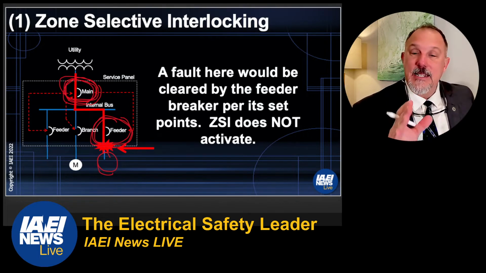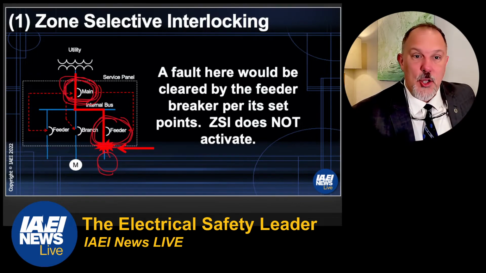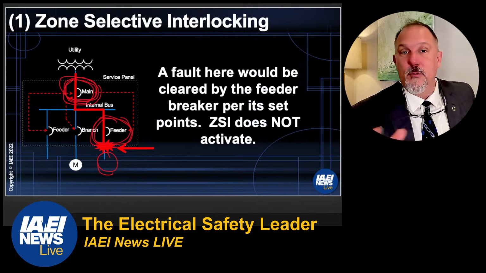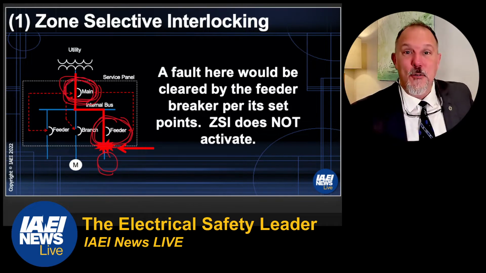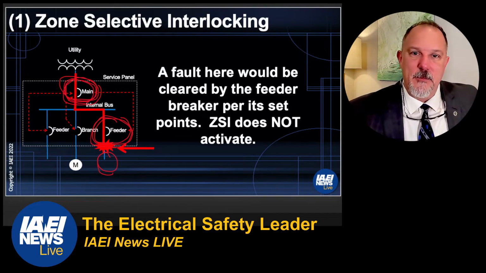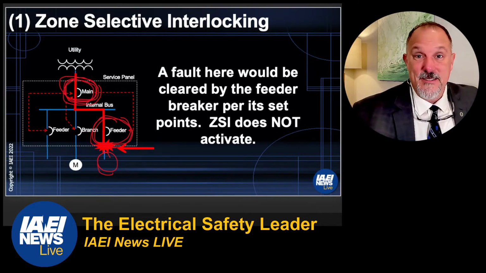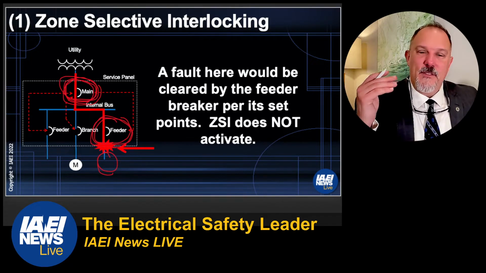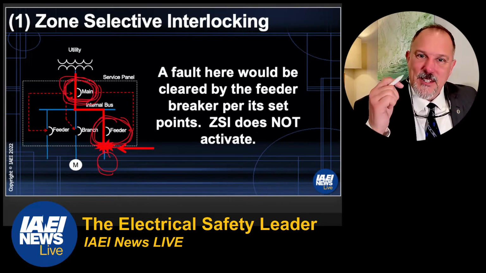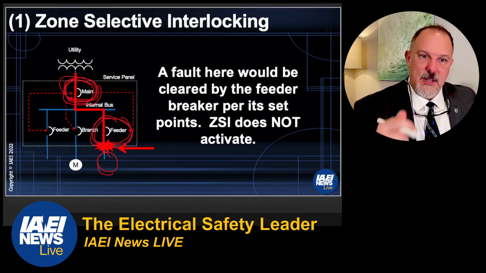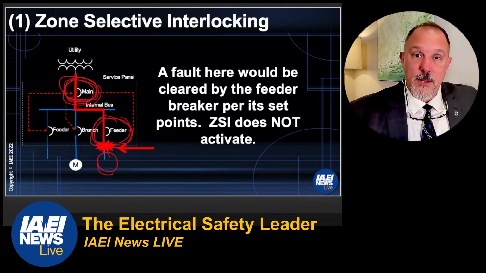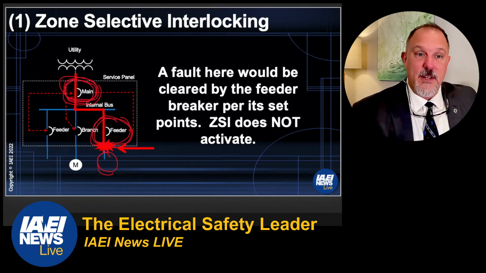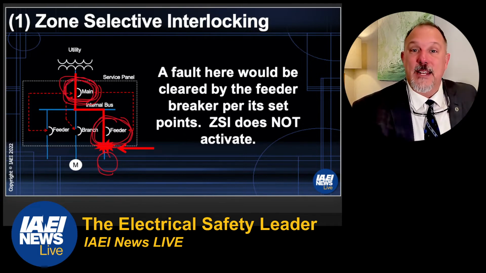And if somebody didn't program them, you could have the main trip before the feeder does, because they don't coordinate, because you've got an overlap in, say, the short time delay region or the long time region. If you did not program the set points in that pair of devices, they could erroneously trip. The upstream device could trip instead of the downstream, and you've not achieved your goals from a selective perspective.